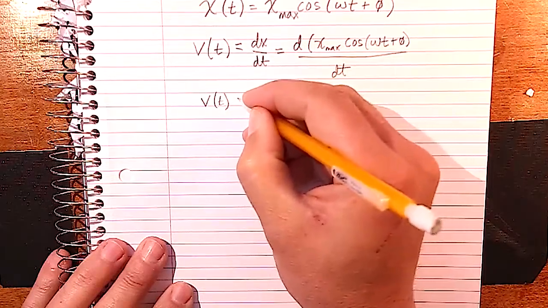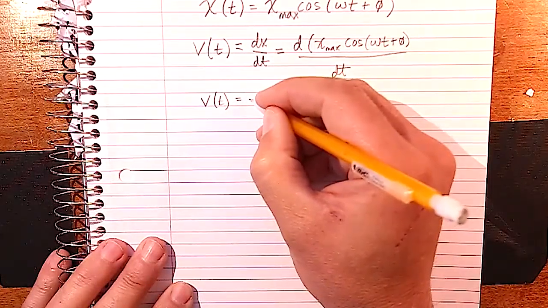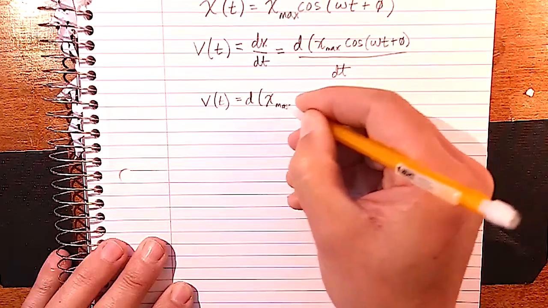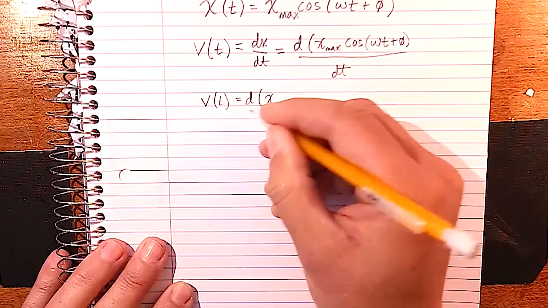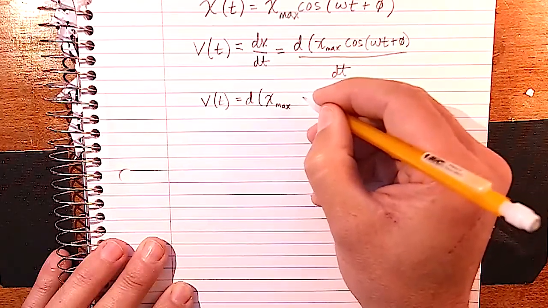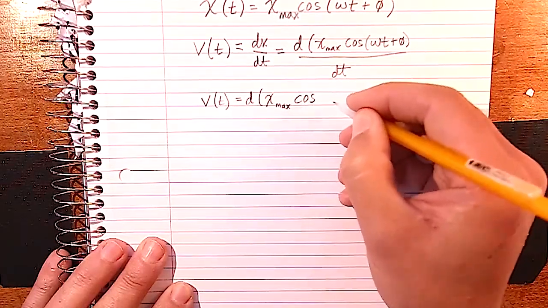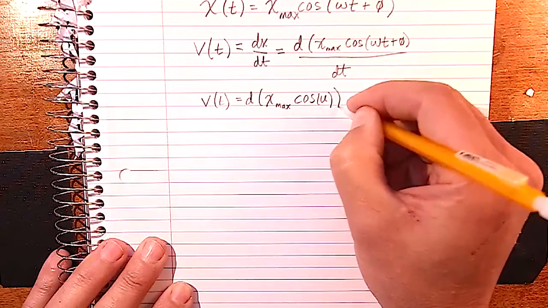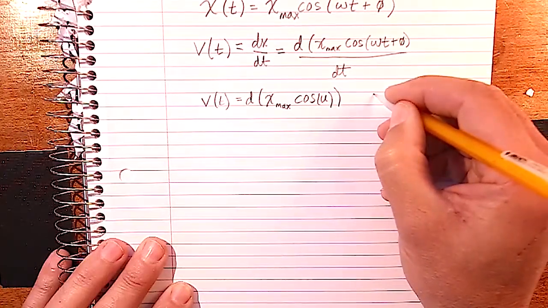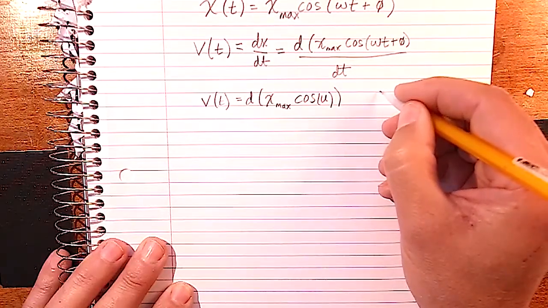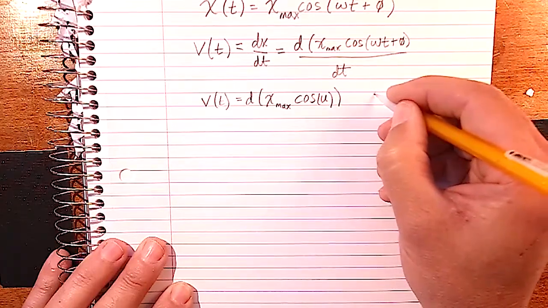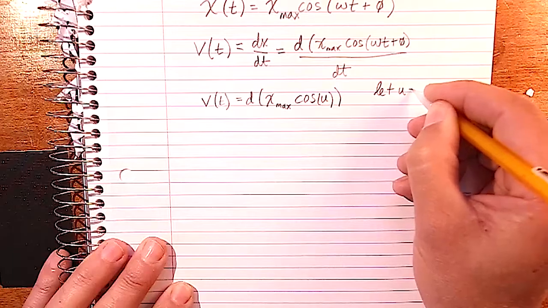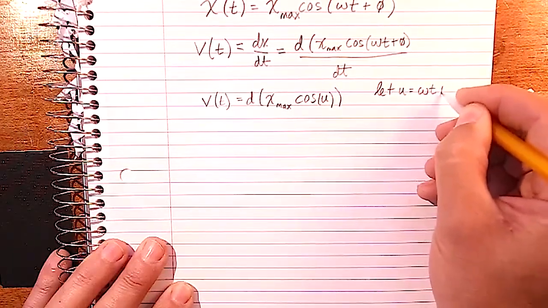So we have v of t is equal to d, and then we have x max, which is a constant, so we can actually pull that out of the derivative. And then we have cosine, and we're going to do this for cosine of u. Why? Because we need to do a u substitution because we have omega t, we don't have t. So that's going to be let u is equal to omega t plus phi.